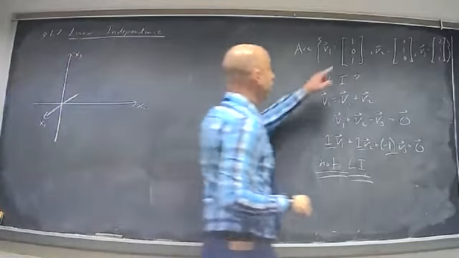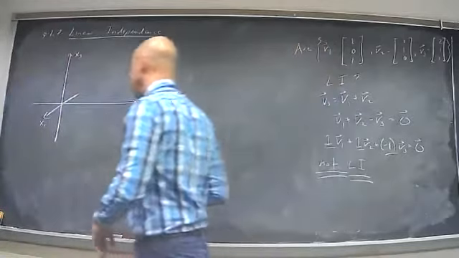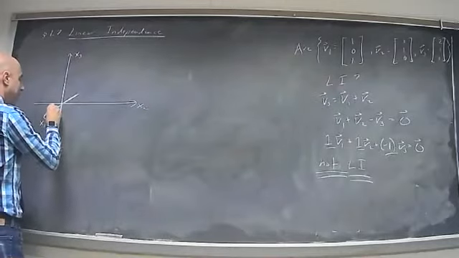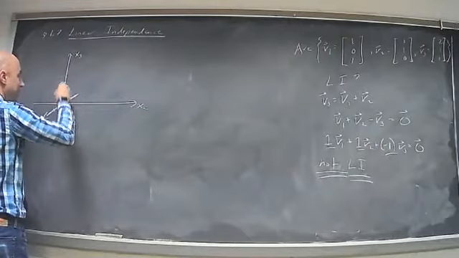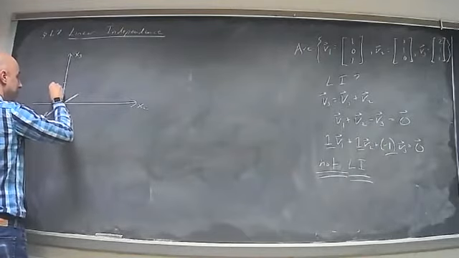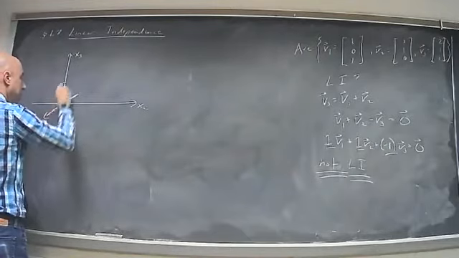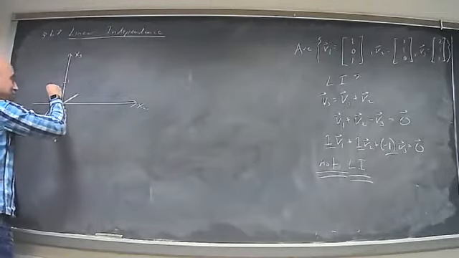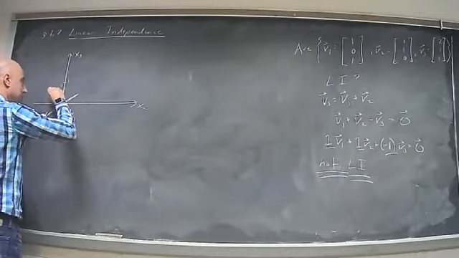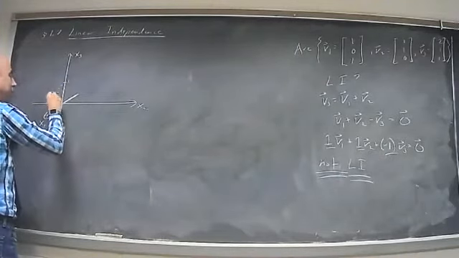So if I take a look at the vector 1, 0, 1, I come out 1 on my x1 axis and go up 1 on my z axis, or my x3 axis. And so I have that vector right there. There's v1.